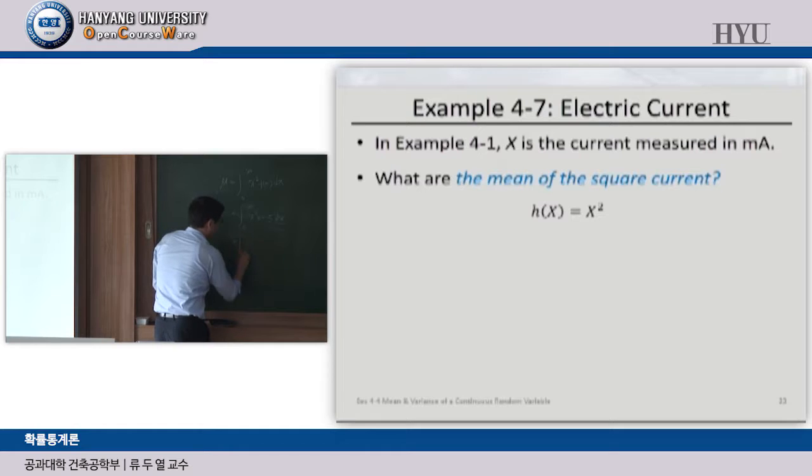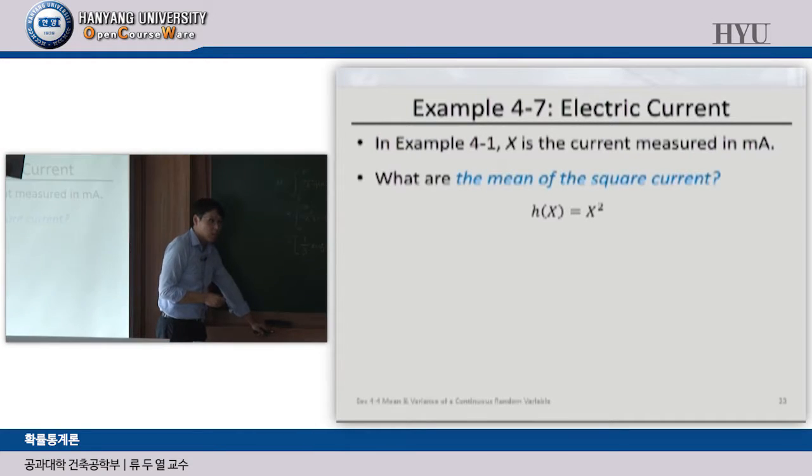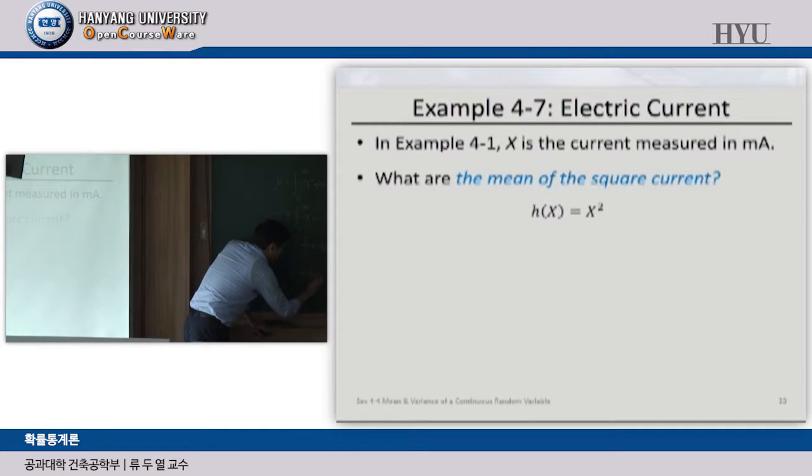This will be 1/3 multiplied by 0.05 multiplied by x to the third power from 0 to 20. Okay? And this can be 1/3 multiplied by 0.05 multiplied by 20 to the third power minus 0.